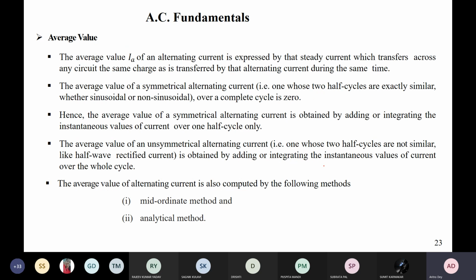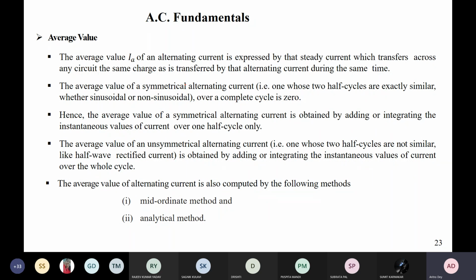Now let us come to the average value. The average value of an alternating current is expressed by the steady state current which transfers across any circuit the same charge as transferred by the alternating current during the same time.